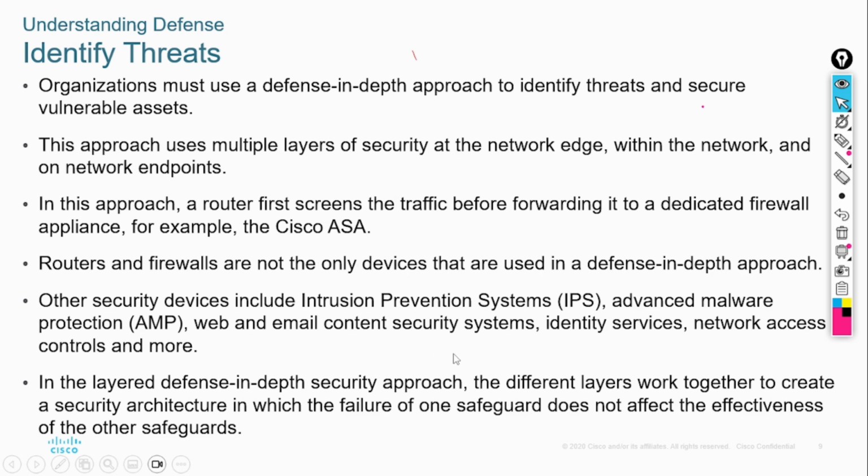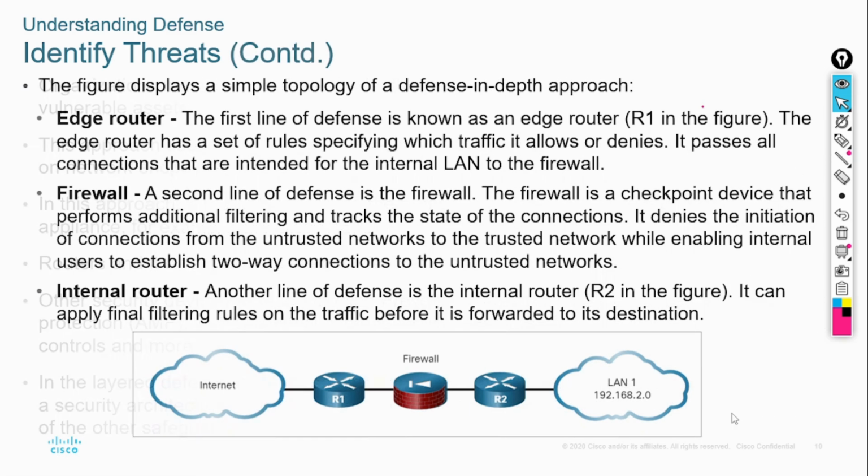So we'll be looking at some of the layers that a user, or a request that wants to get into the network resources, has to go through. Some of the rings around a network in defense in depth: we have the edge router at the very edge of the network.